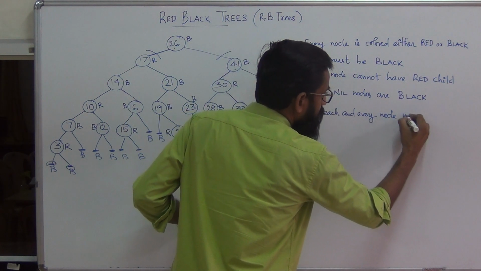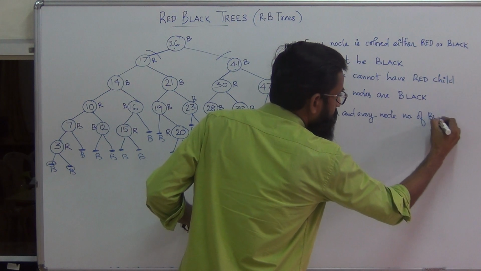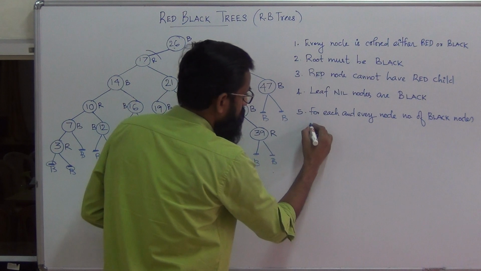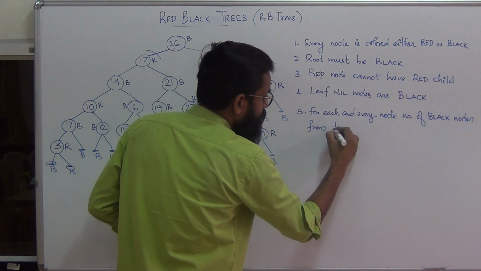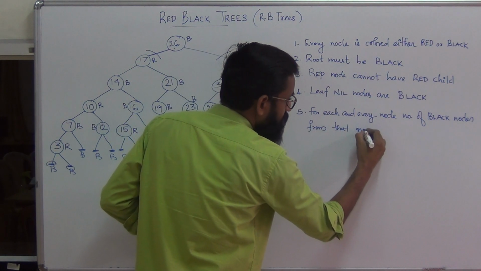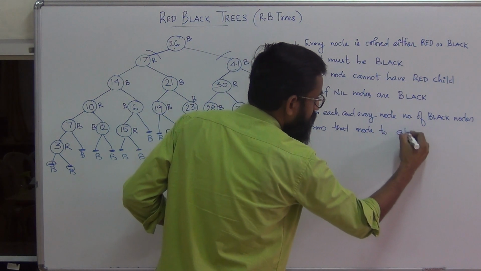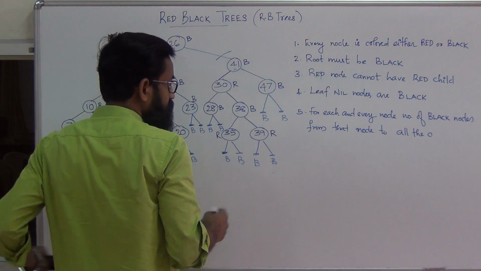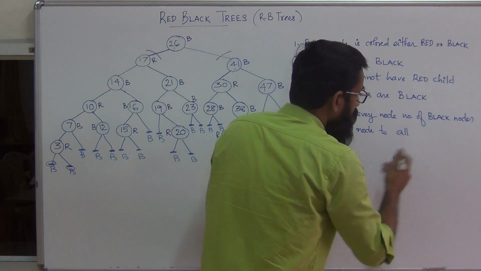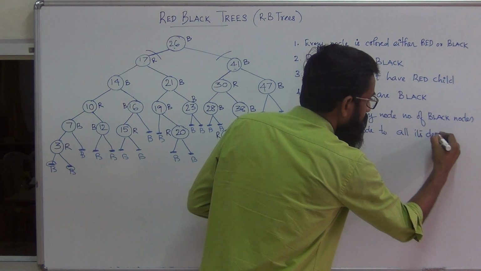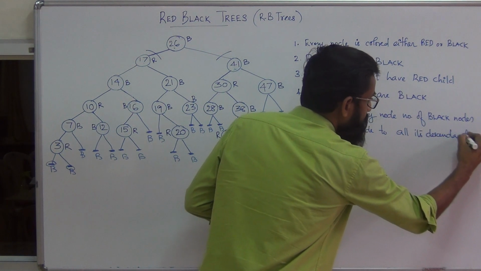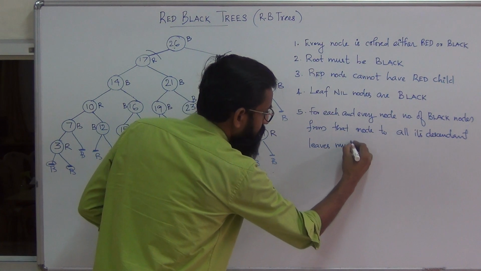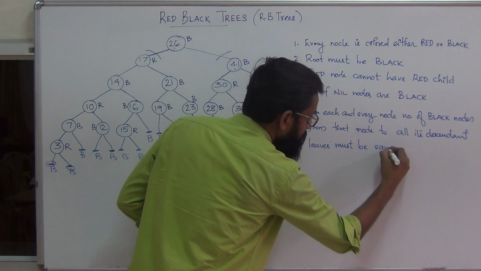Every node, the number of black nodes from that node to all its descendant leaves must be the same.